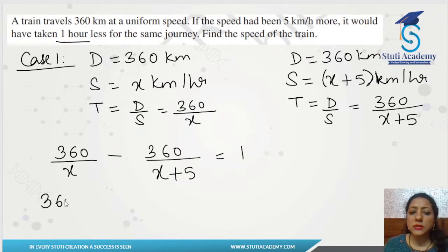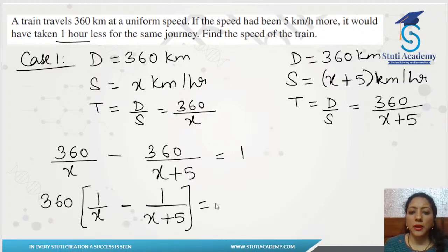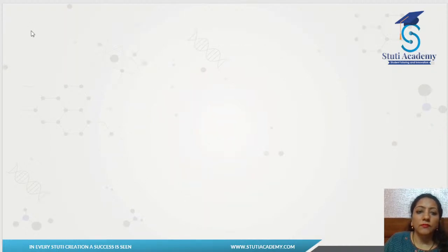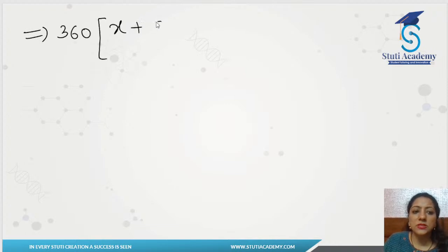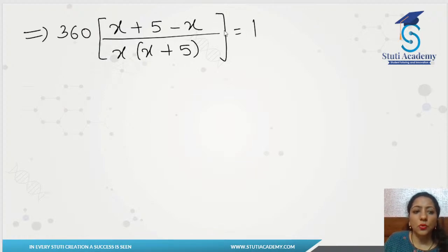We'll first take 360 common and we will have 1 upon x minus 1 upon x plus 5 is equal to 1. Now we can take the LCM inside the bracket. We will get 360 into x plus 5 minus x upon x into x plus 5, equal to 1.